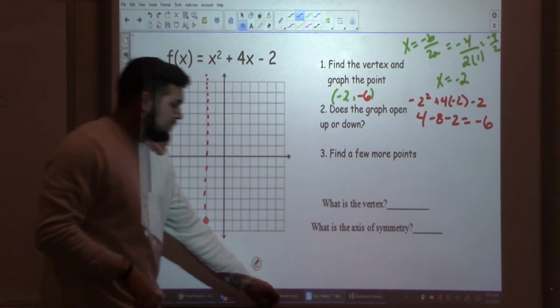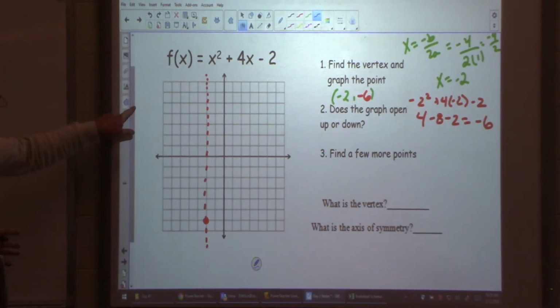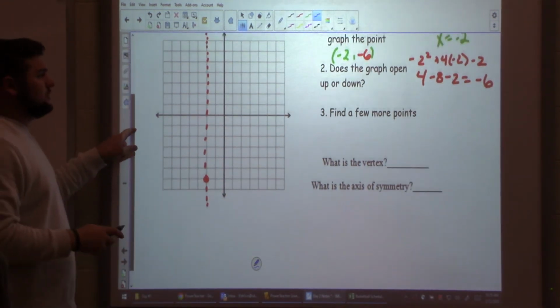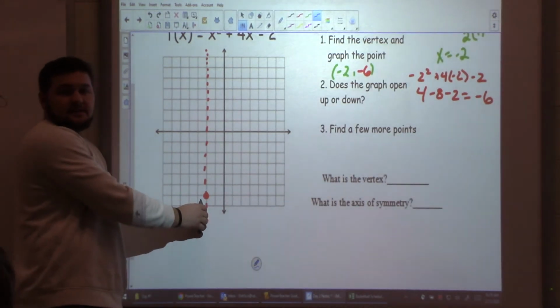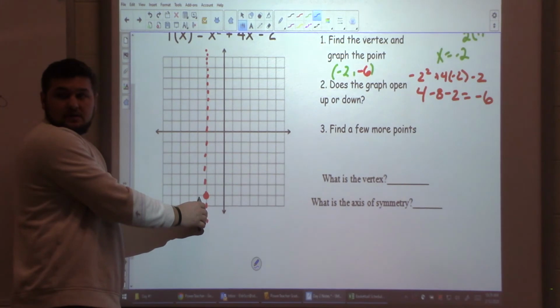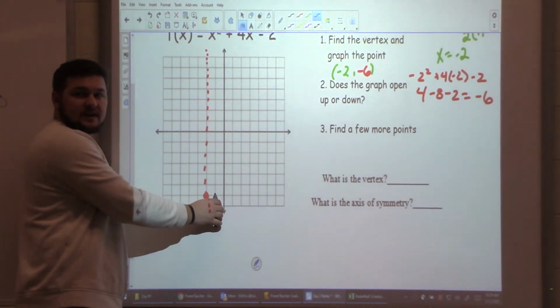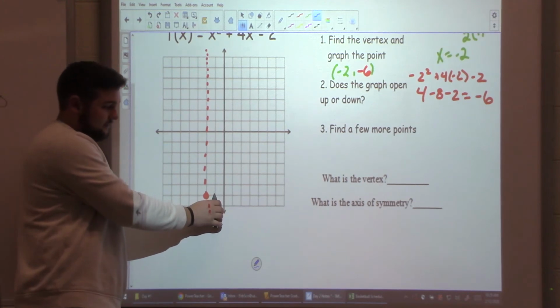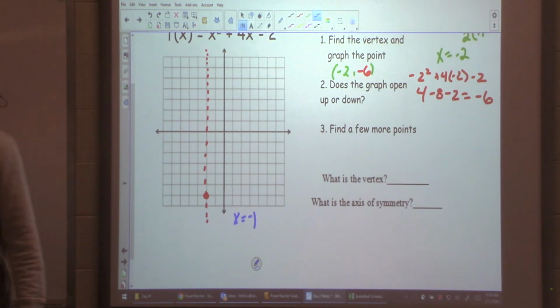Okay. Then we need to find a few more points. To do that, I'm going to look: what x value is my vertex at? Negative 2. I'm going to go 1 to the right. What is that then for x value? Negative 1. So I'm going to let x equal negative 1, and I'm going to plug that back in to find a y value.